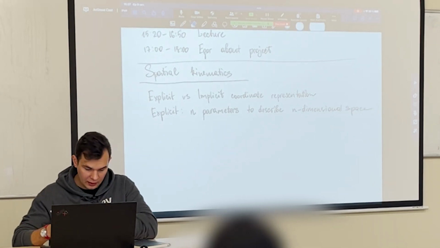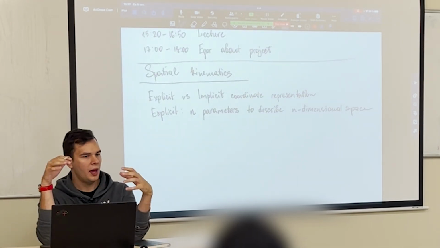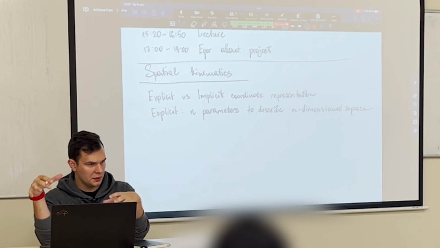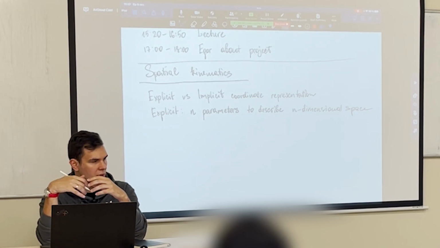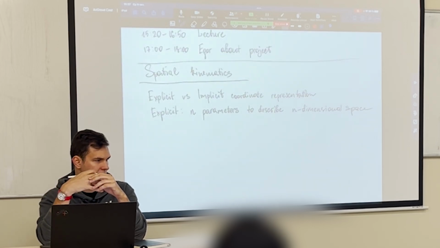It's something that we covered yesterday. We had the planar case that has 3 degrees of freedom in general, and we had 3 equations for the coordinates x, y, and the angle.